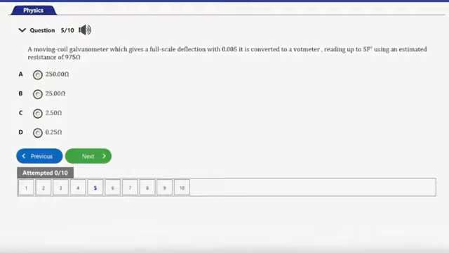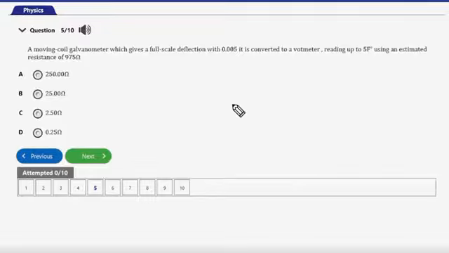So question number 5 here says, a moving coil galvanometer which gives a full scale deflection with 0.005 A, the current here, is converted to a voltmeter reading up to 5 volts, using an estimated resistance of 975 ohms.